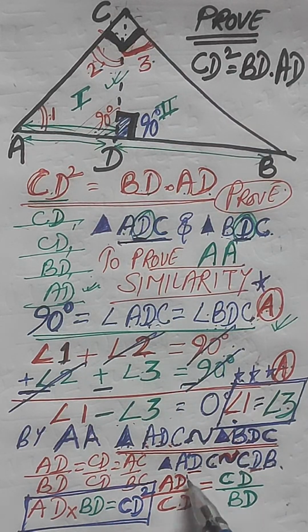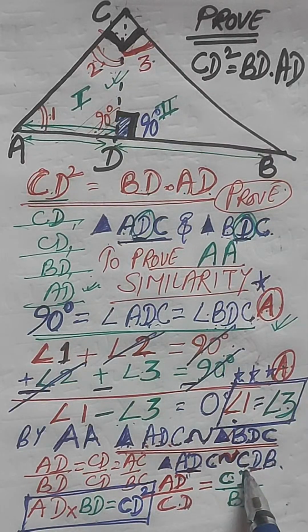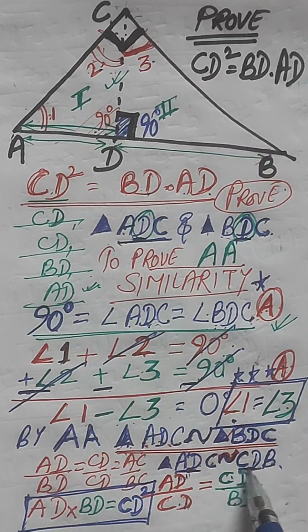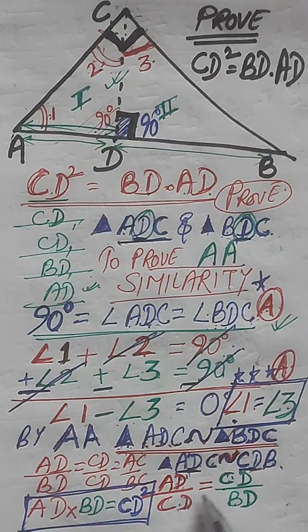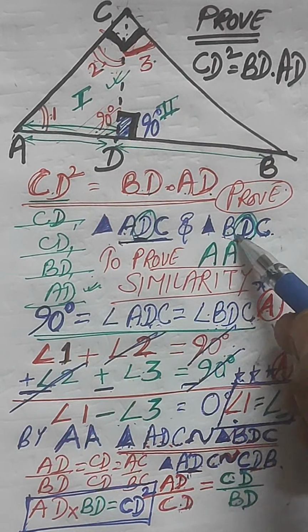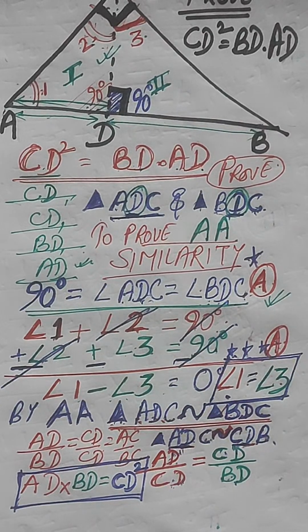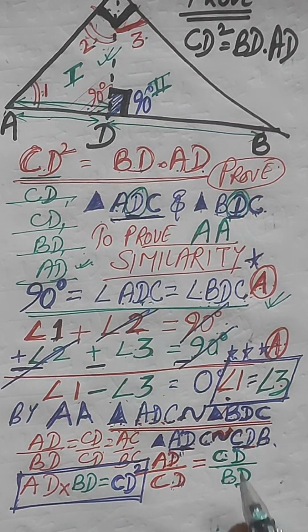The naming AD by CD will not be equal to CD by BD, because you can see the first two letters here AD and the first two letters here CD, right? So AD by CD here is equal to CD by DB, because when we take the same sequence BDC, what will happen?